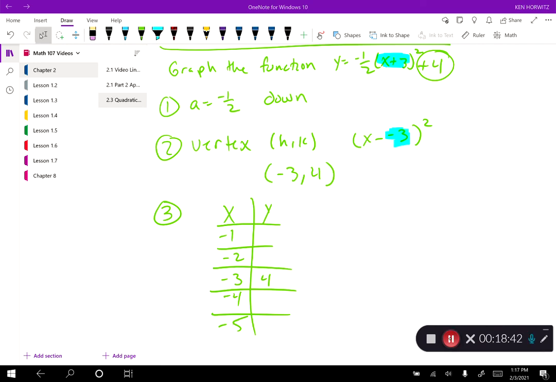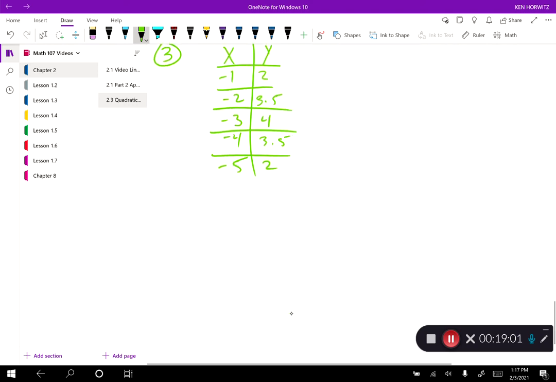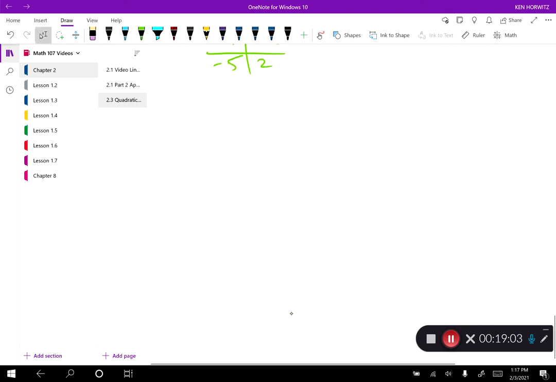All right, so hopefully you took the time to run these numbers through your equation. I got 2, 3.5, 3.5, and 2. And now it's a matter of graphing. So let's take a look at a graph.